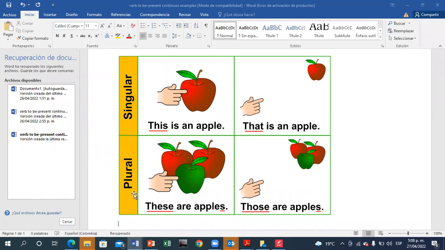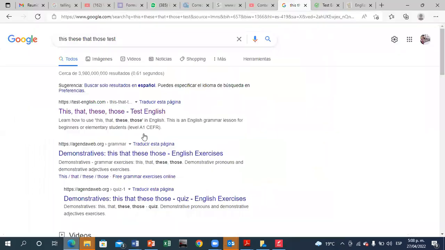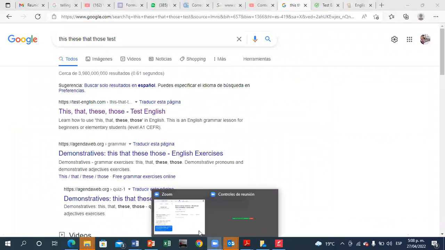A ver si ya. Bueno, creo que ya. Ahí todavía no me ven, ¿cierto?